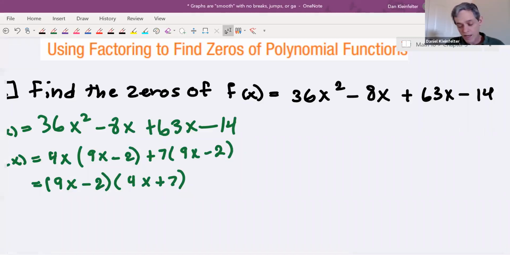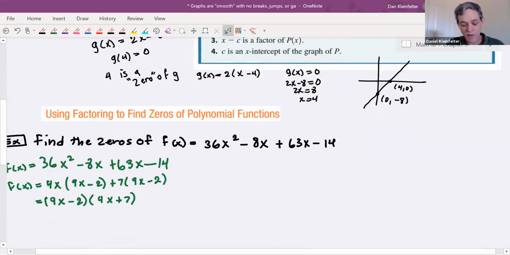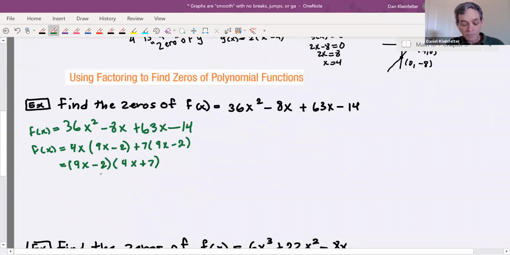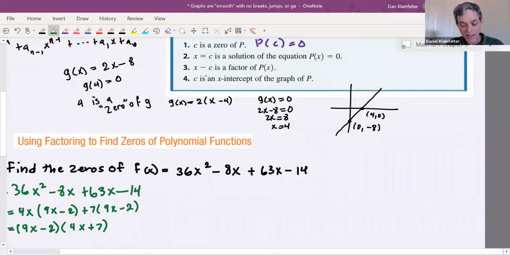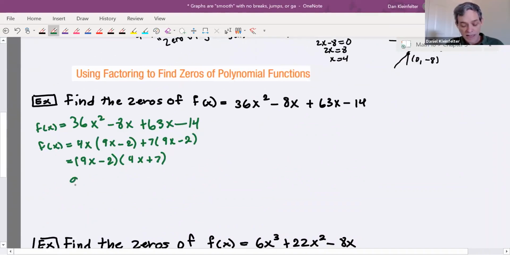And so from there, we can use the result of the blue box. Okay, if we know what the factors are, we can figure out what the zeros are. Okay, so 9x minus 2, we would like to rewrite that so that it looks like x minus c. So let me take 9x minus 2, and we can set that equal to 0. We'll say 9x is equal to 2, x is equal to 2/9.